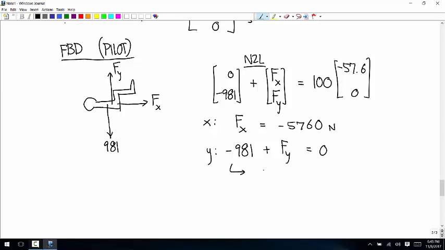So you can solve this, and it says Fy is equal to positive 981. And so that total force vector, that's the force on the pilot by the chair, is equal to negative 5760, positive 981.